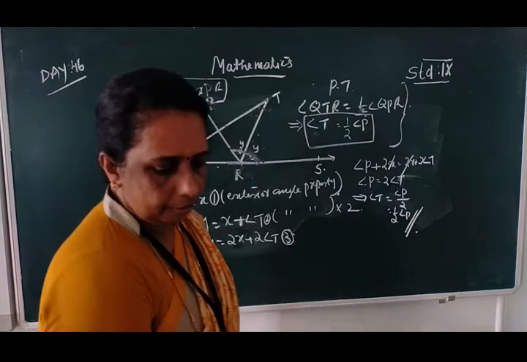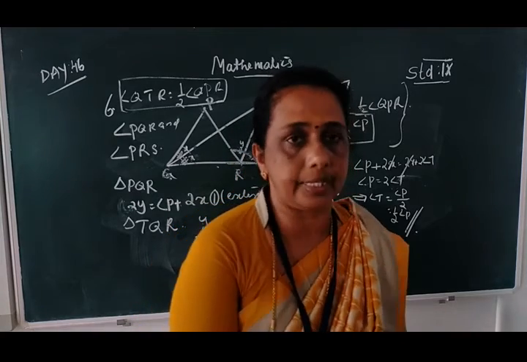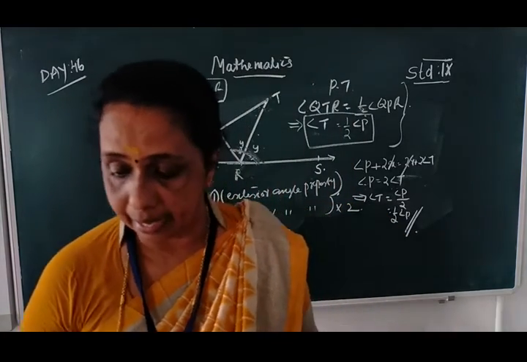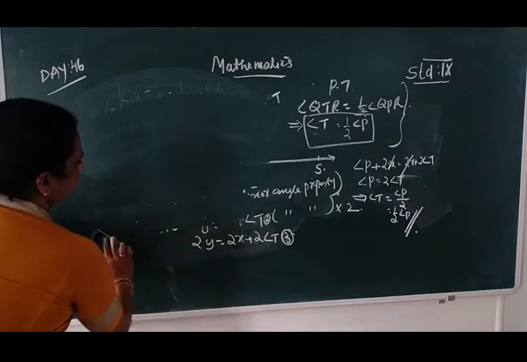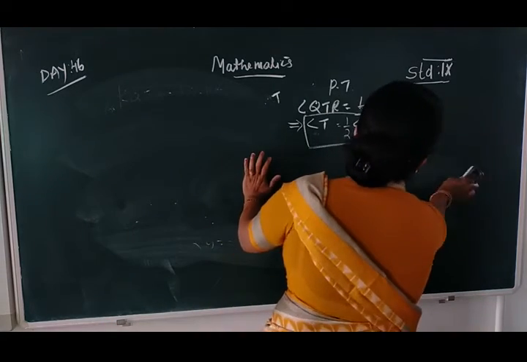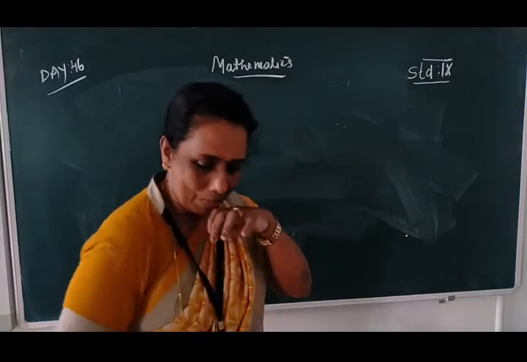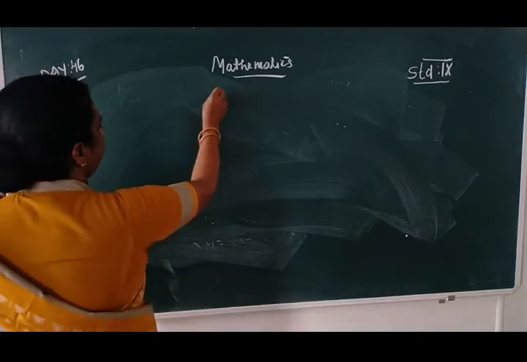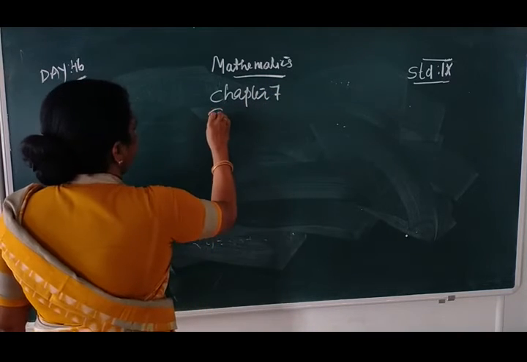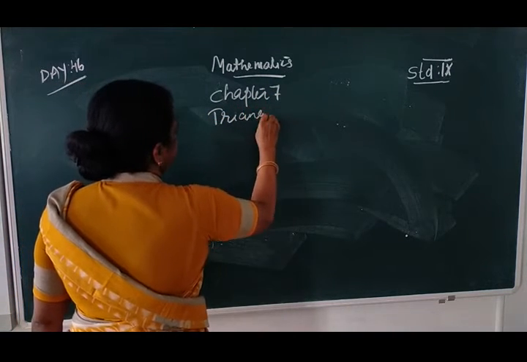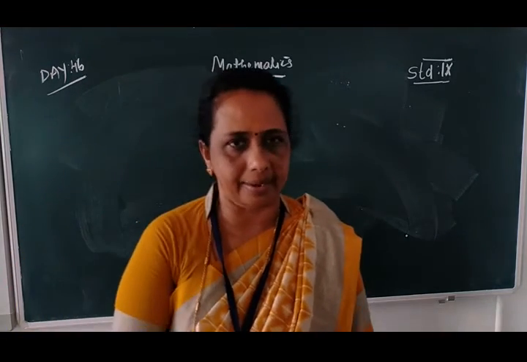Okay. Today we will finish our lesson lines and angles. Then the next chapter is chapter 7, triangles. Today I will explain only the previous knowledge about triangles.